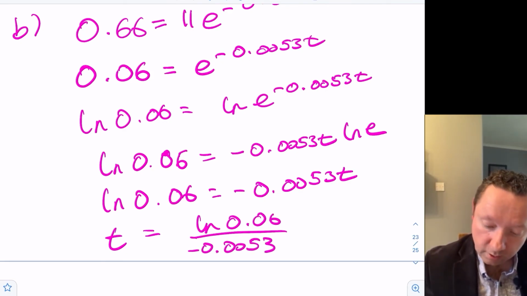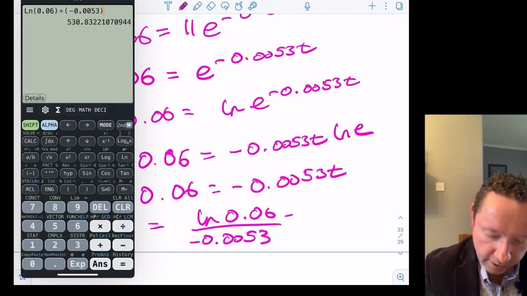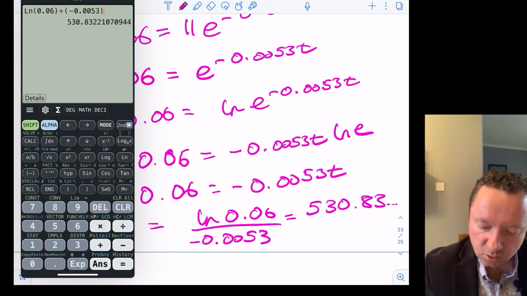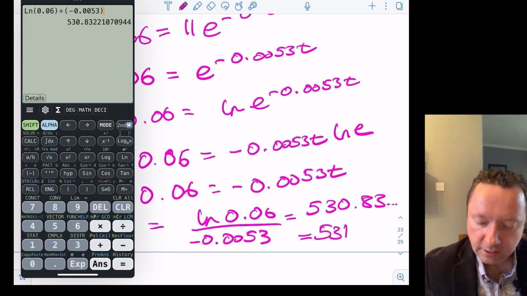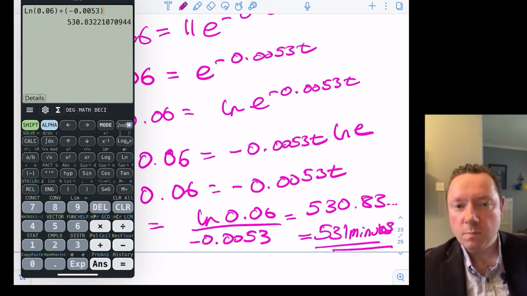So just calculator, ln 0.06 divided by minus 0.0053, and we get 530.83 times in minutes, so 531 or any reasonable rounding minutes. Make sure you write your minutes. No need to change that to hours and minutes.